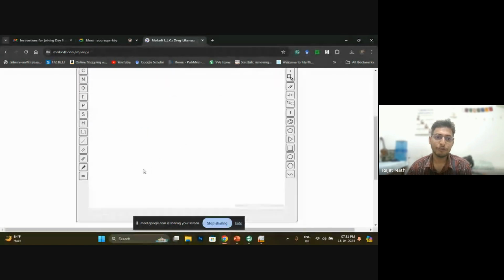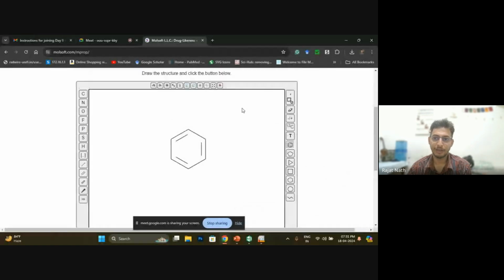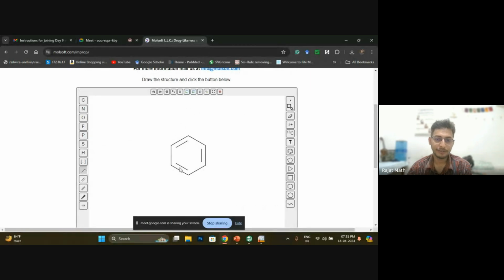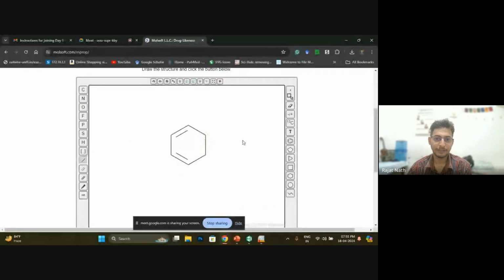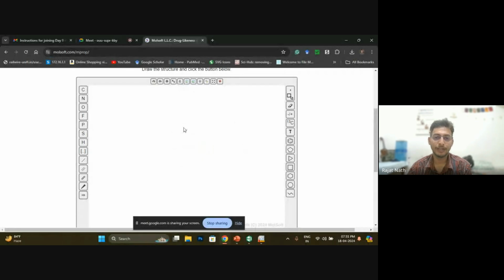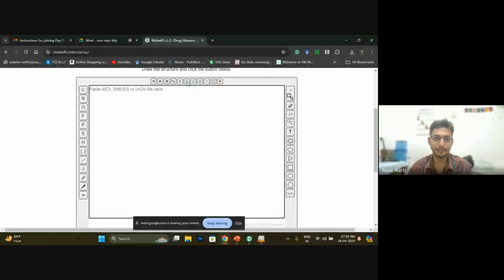You can draw your structure here also, as we drew it in ChemDraw, but there is no need to draw it. In the sixth tool, there is an option known as Import. Just click this one and paste the SMILES.